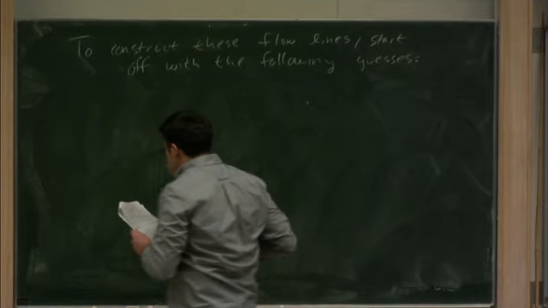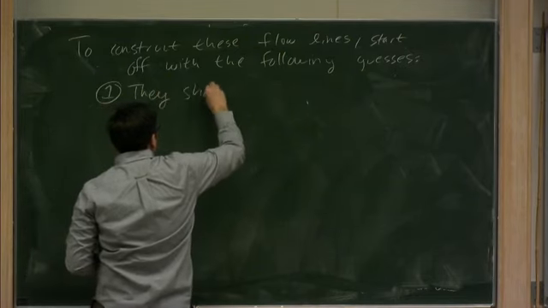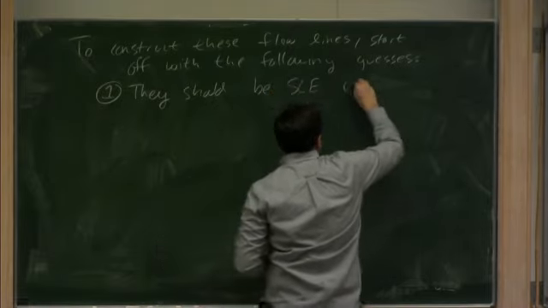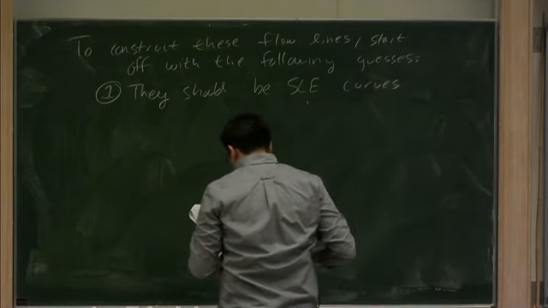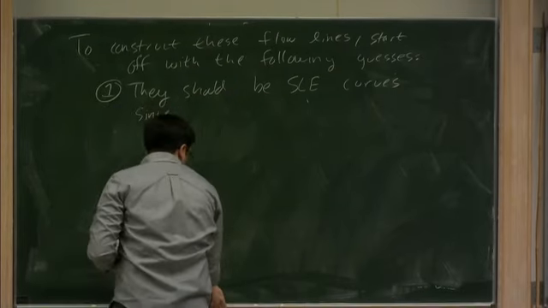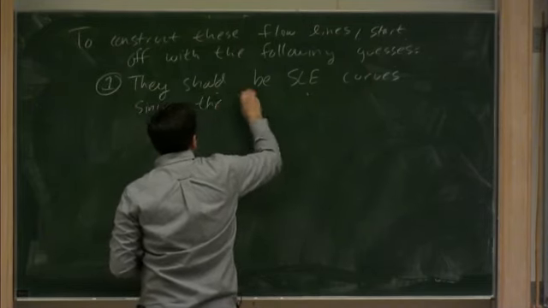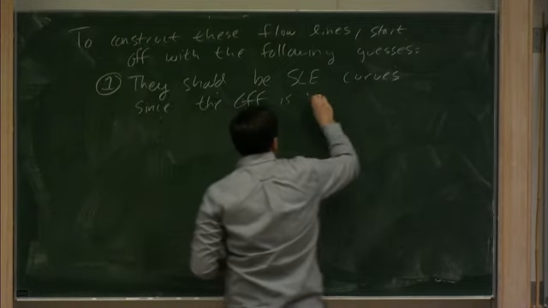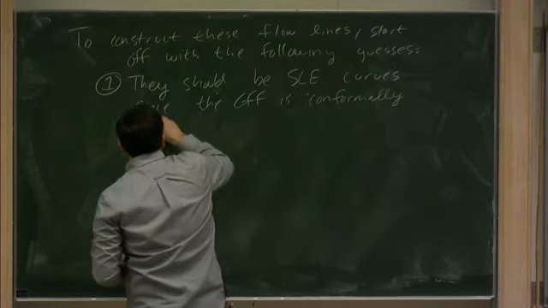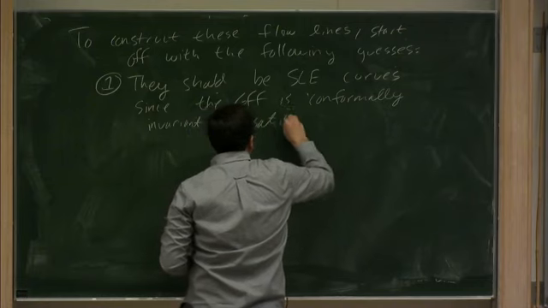So the first thing that we're going to guess is that, number one, they should be SLE-type curves. And the reason for this is that, as we saw two times ago, the Gaussian free field is conformally invariant, and it also satisfies a Markov property.